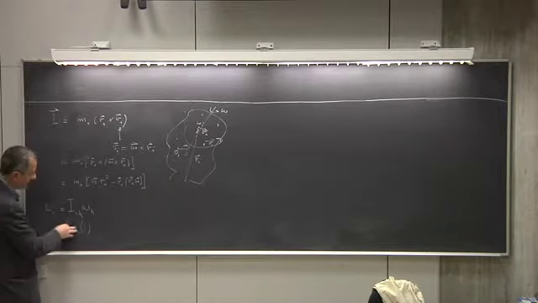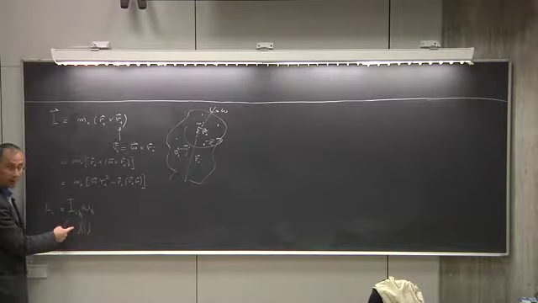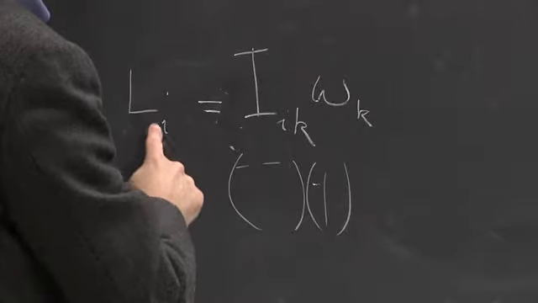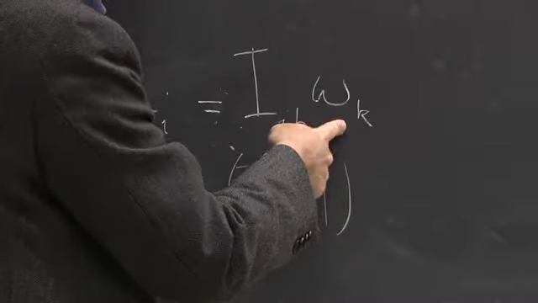And the point here is that you are mixing the components of this vector according to the matrix. So, as I said, it's not true that the i component of the angular momentum is proportional to the i component of the angular velocity. They get mixed. You see that from here.